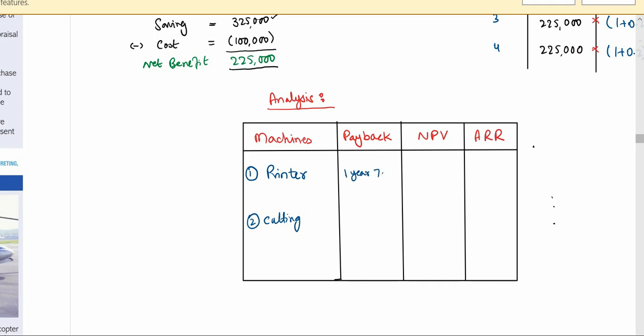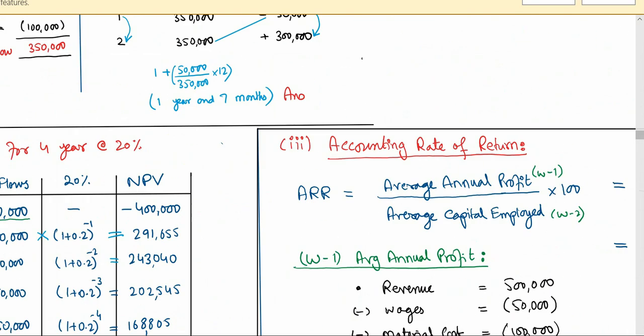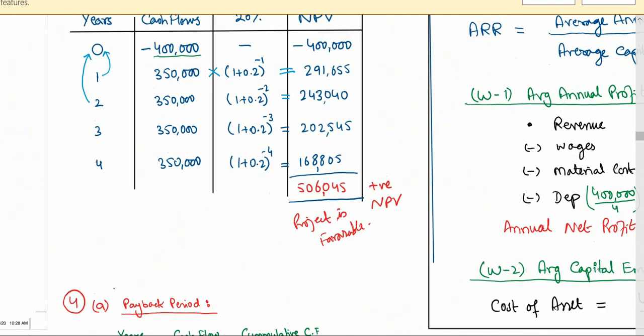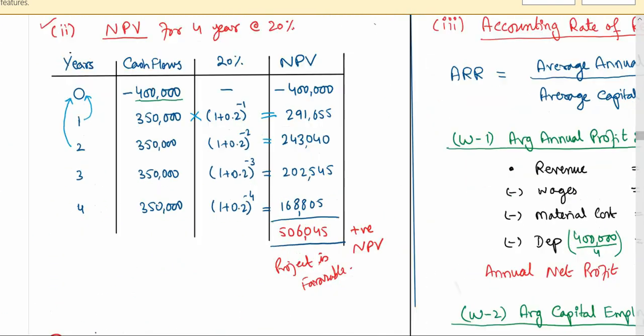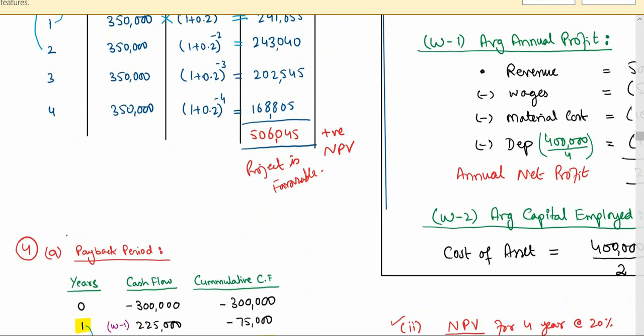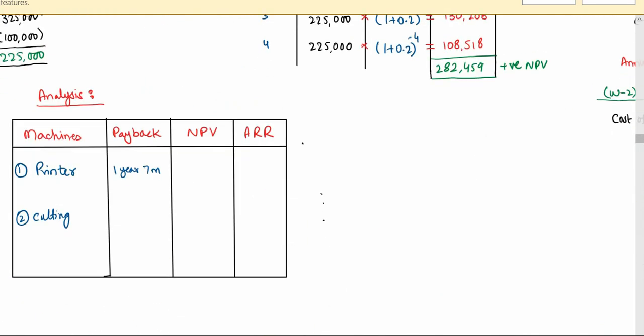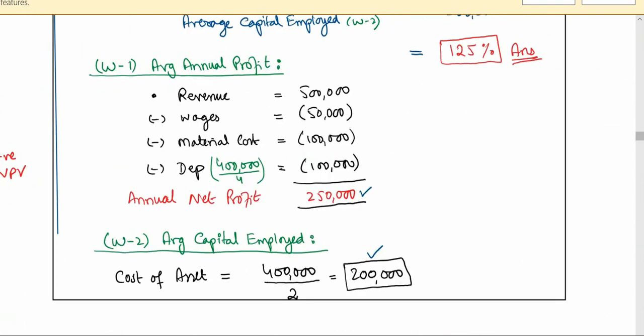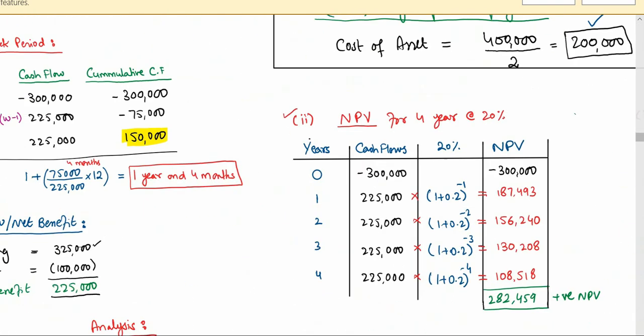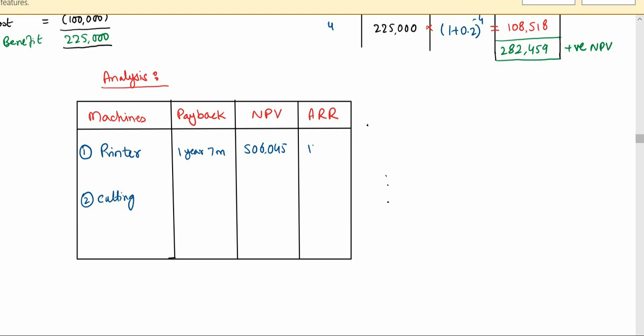NPV is 506045. ARR is 125%. So 125% is the ARR.